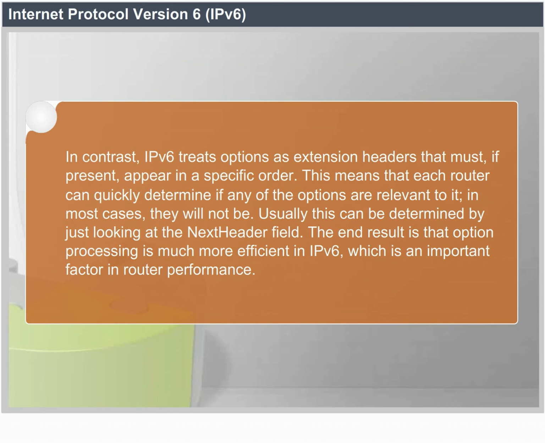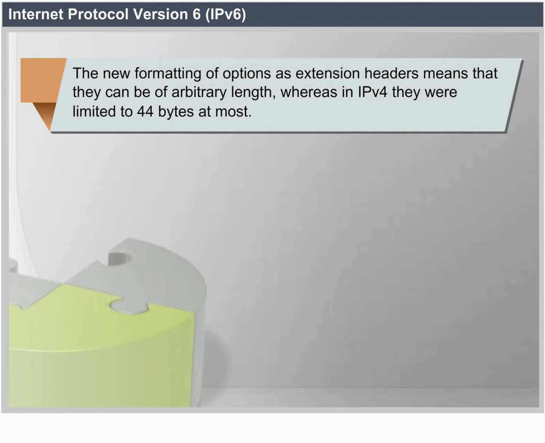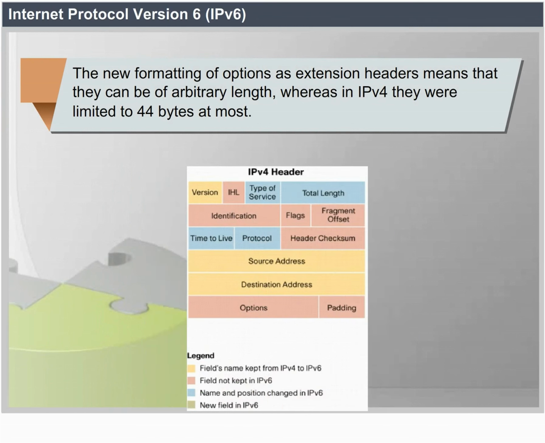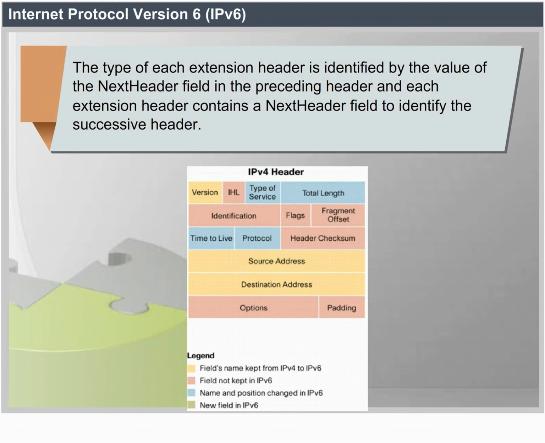The end result is that option processing is much more efficient in IPv6, which is an important factor in router performance. The new formatting of options as extension headers means that they can be of arbitrary length, whereas in IPv4 they were limited to 44 bytes at most. Each option has its own type of extension header.